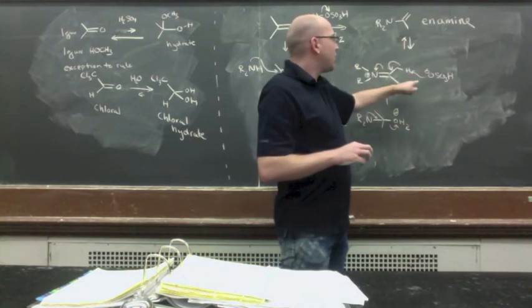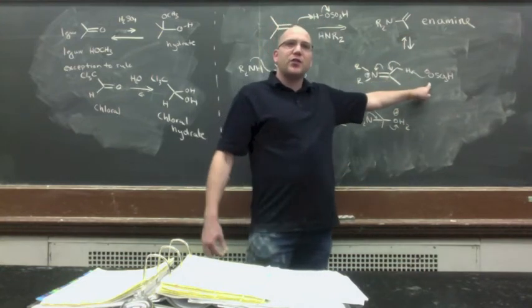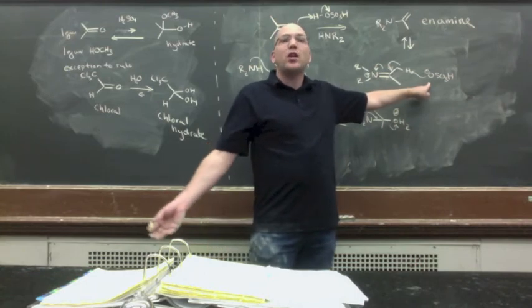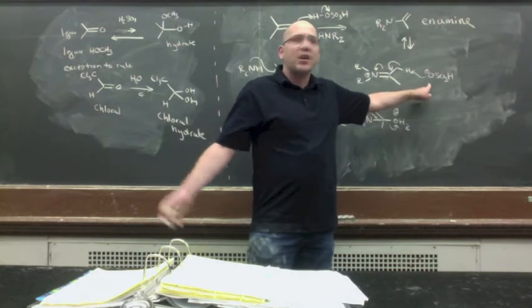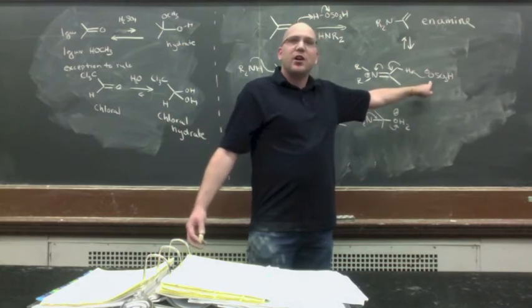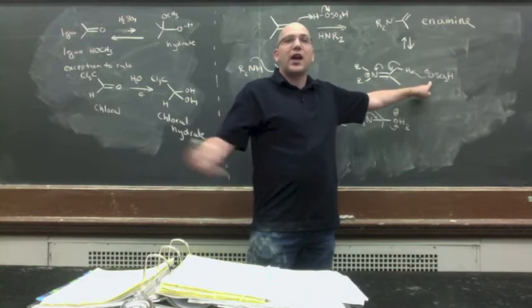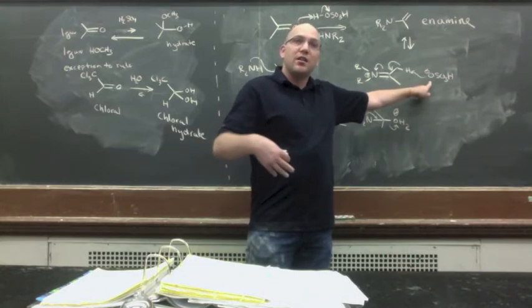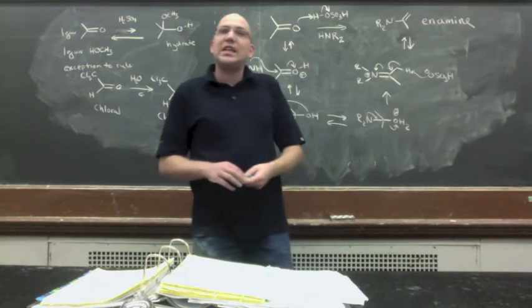Again, we see this from time to time. You don't necessarily have to show this one. I mean, think about it like an E1 elimination. You don't need a strong base for that. This is not too dissimilar from an elimination reaction when we're trying to eliminate water. Or sorry, if we have an alcohol and we're trying to eliminate that to generate an alkene. It's very analogous. So you don't always need a strong base.